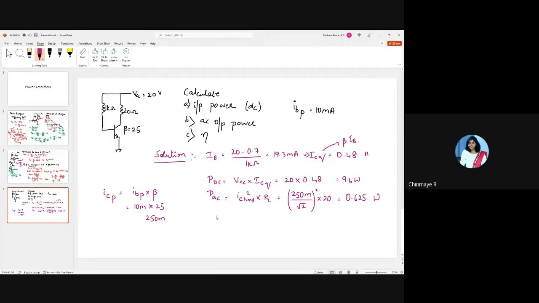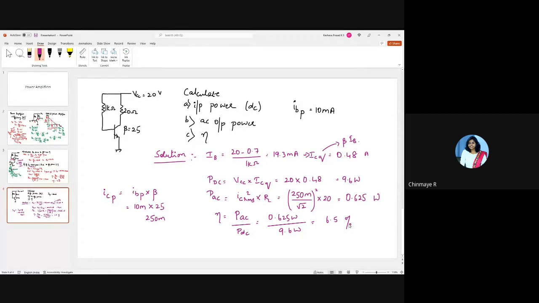So now calculate the efficiency. 6.5%. Yes.